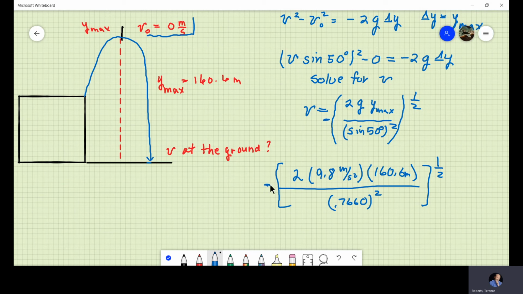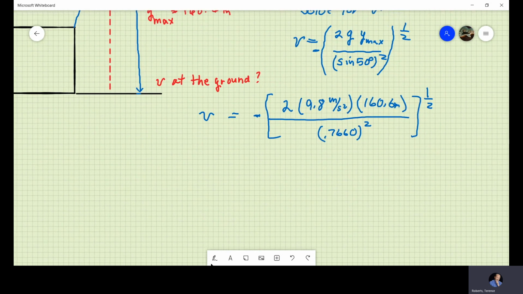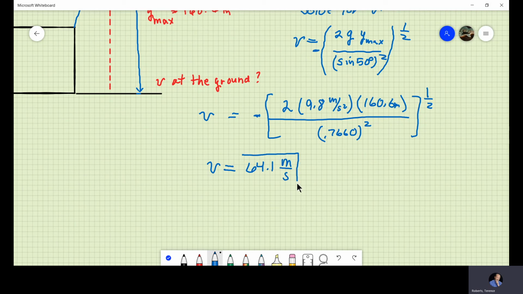So this would be negative equals to v. Let me calculate the value that we get. And so v, the velocity when it hits the ground, is going to be equal to 64.1 meters per second. So that is our answer to this problem.